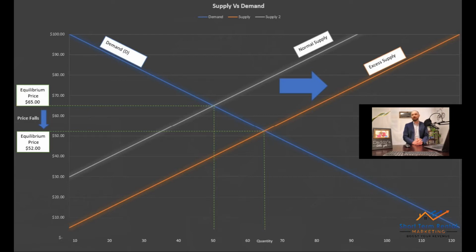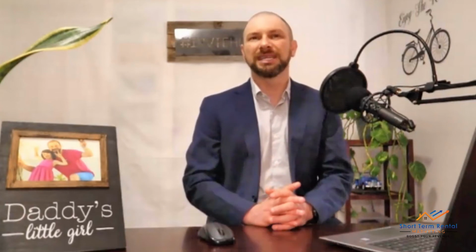And with an abundance of supply, you're not going to be able to charge the same rates. Whereas if you have infinite demand, you would be able to charge an infinite amount of money. You can see this every day in just about everything you purchase. There are some wonderful videos out there to better understand supply versus demand, but that is the fundamentals of what we're going to be talking about when we talk about short-term rentals.